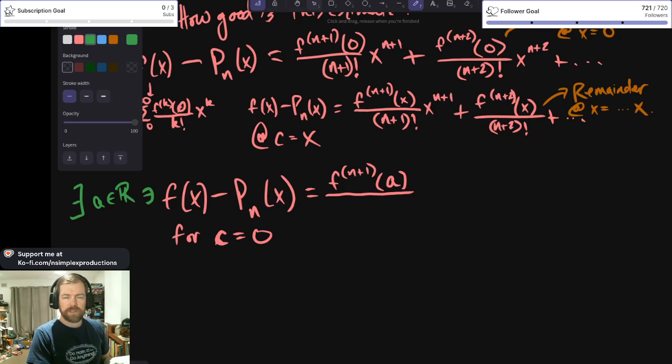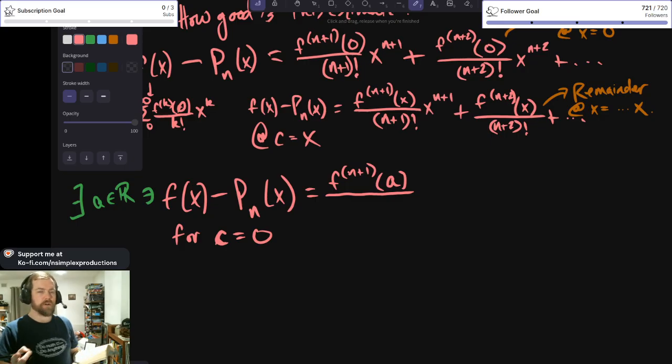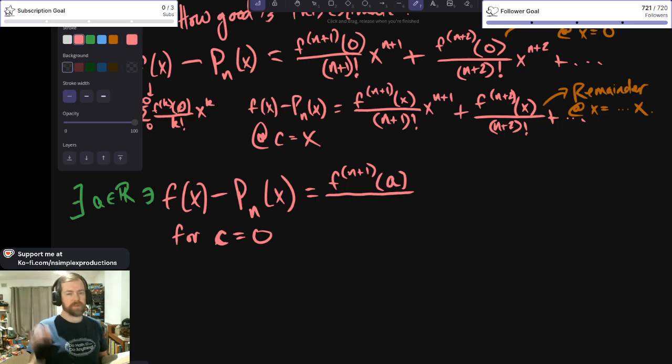the difference between the actual value f of x and our polynomial approximation p sub n at x is going to be exactly equal to the n plus 1th derivative of f at some a value in the real numbers. And I'll put a caveat on that.